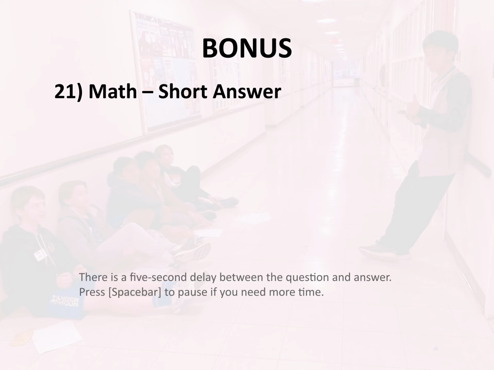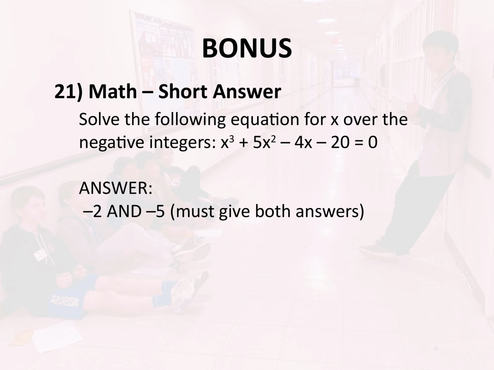Bonus 21. Math, short answer. Solve the following equation for x over the negative integers: x cubed plus 5x squared minus 4x minus 20 equals 0. Answer: negative 2 and negative 5.